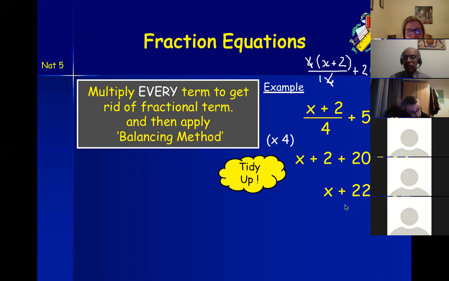Subtract. So I subtract 22 on this side, and the balancing method tells me that whatever I do on the left, I need to do the same on the right. If I subtract those two, they're gone. I end up with my x. What's 32 take away 22? 10.